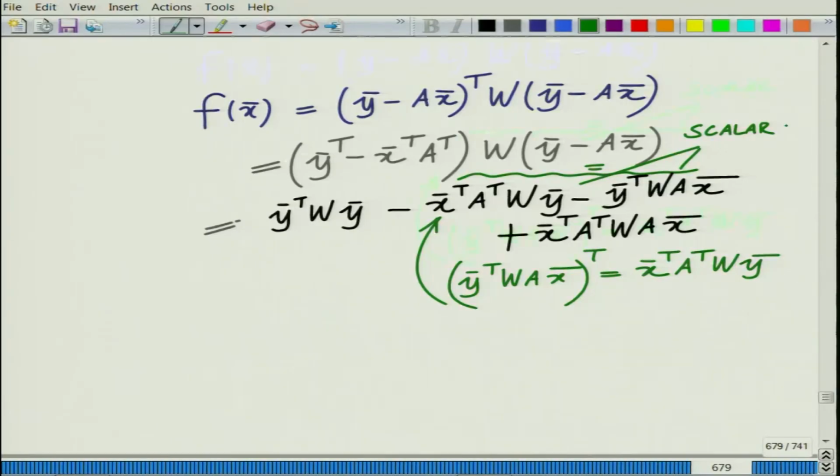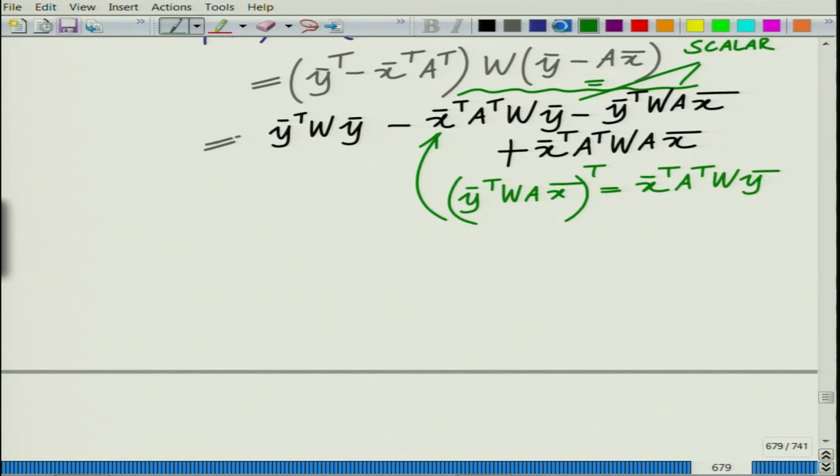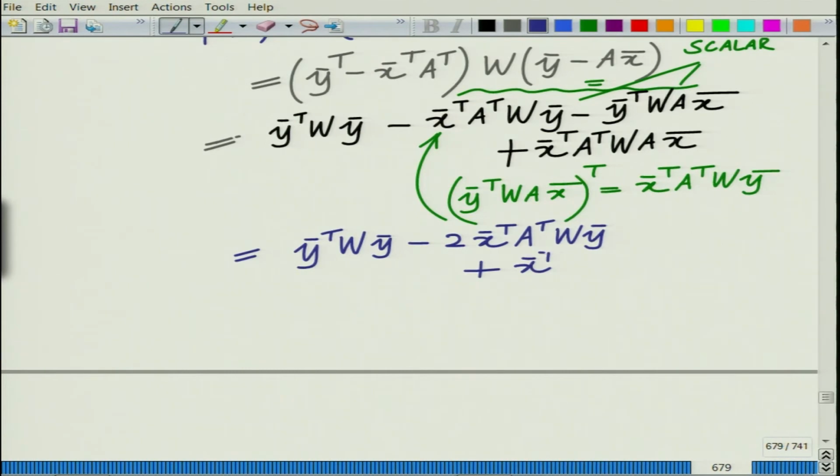Therefore, one can write it in this fashion: y bar transpose W y bar minus twice x bar transpose A transpose W y bar plus x bar transpose A transpose W A x bar.